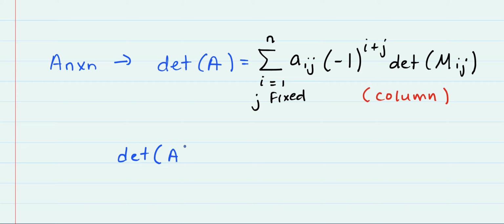An alternative is if you go down a row. So you're going to let j go from 1 to n, and you're going to fix i.